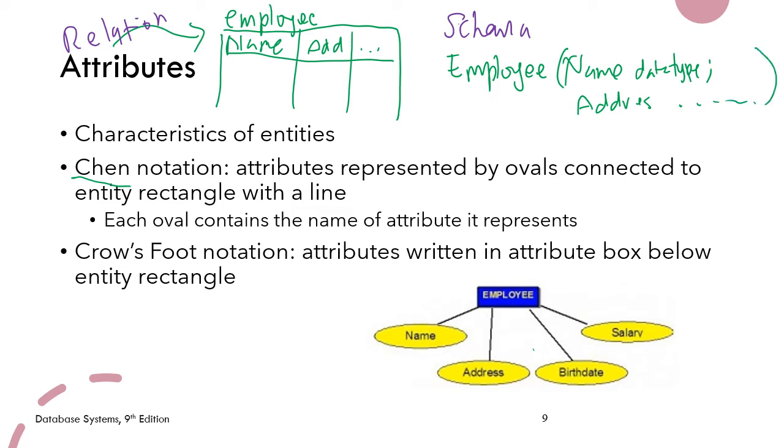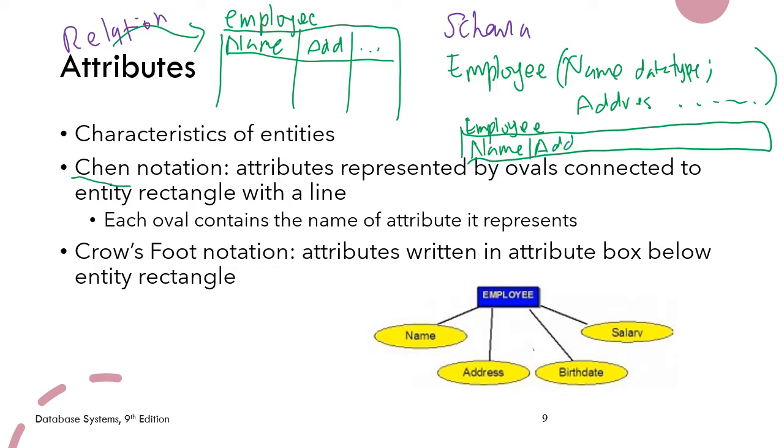It is usually in a single line. That is a schema. Another way you can also write a schema is like this: employee, name, address, and so on. So this is a schema.